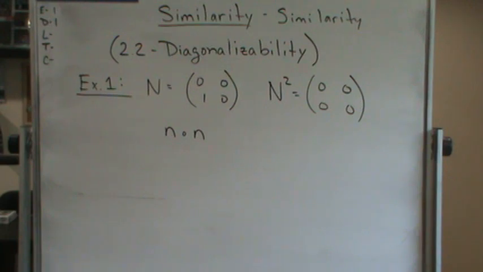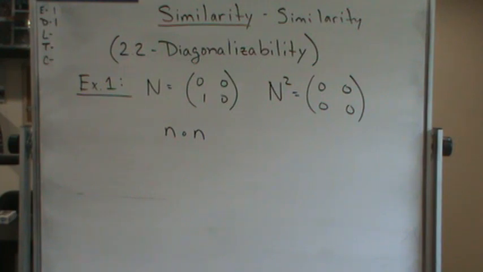And so this in turn implies that any matrix representing the function N with respect to some basis B hat to B hat has a square that is the zero matrix.